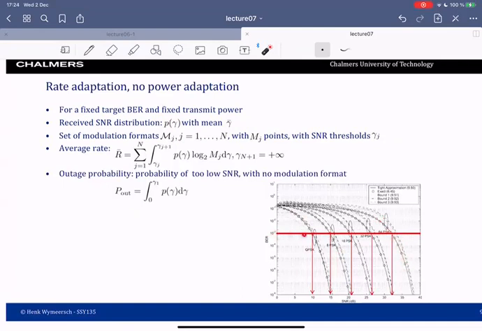We have our target bit error rate, in this case 10 to the minus 3, and on the x-axis the SNR. Now for each of the modulation formats, we have a certain number of points. So QPSK has 4 points, 64 PSK has 64 points, and there are some SNR thresholds. For QPSK, there's a certain SNR threshold, which is approximately 10 dB.